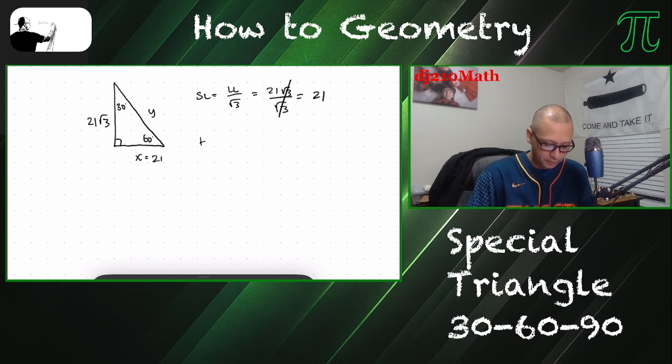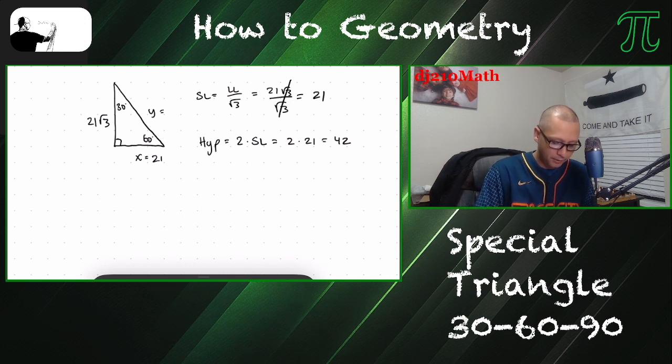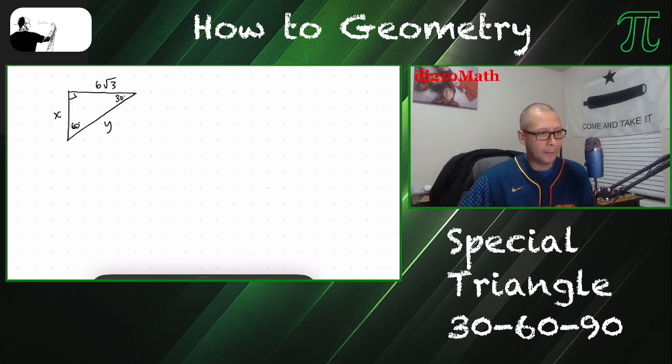To get to the hypotenuse, we're going to multiply 2 times the short leg. This is going to be 2 times 21, which is 42. The hypotenuse is 42.